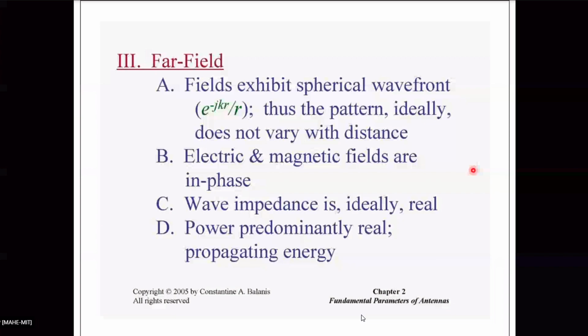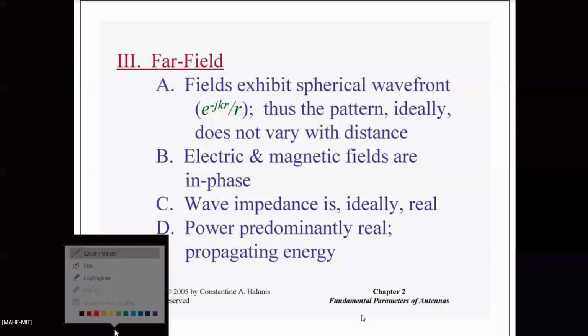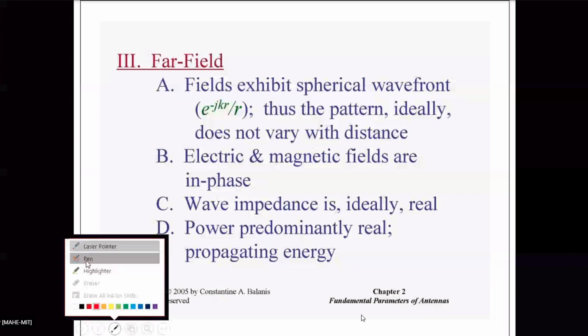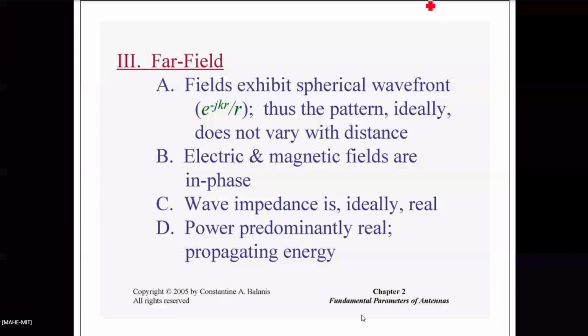See, a propagation distance of 1 lambda is equal to a phase change of 2 pi. Do you understand? Yes, sir. Okay.